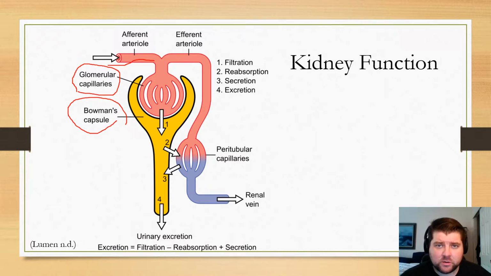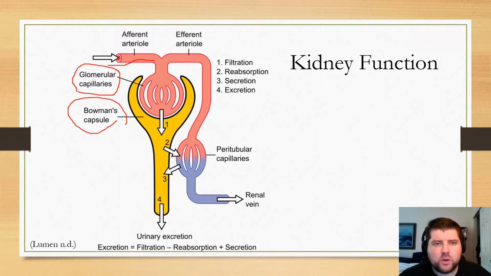Pressures are reacted in the glomerular capillaries. The blood is filtered in a process called renal ultrafiltration, renal meaning kidney. The force of the hydrostatic pressure in the glomerulus, from the blood itself, is really what's driving the filtration there.